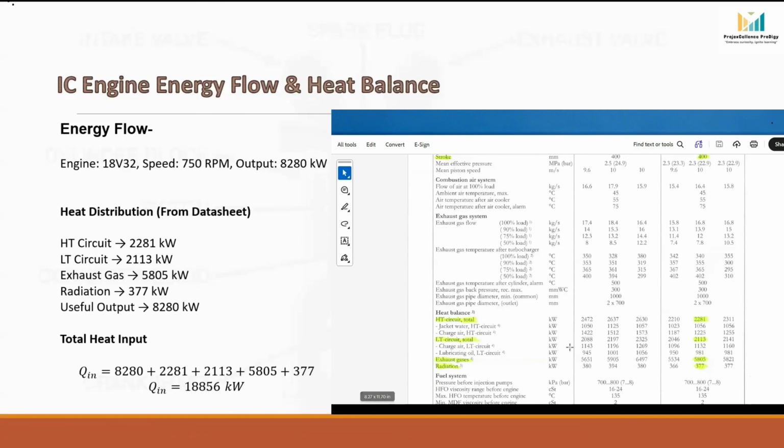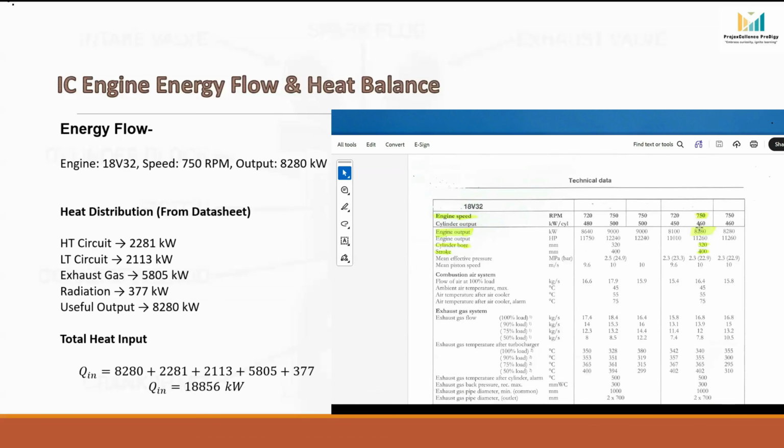LT circuit loss is 2113 kilowatt. Exhaust gas loss is 5805 kilowatt. And radiation loss is 377 kilowatt. And the useful output is 8280 kilowatt.